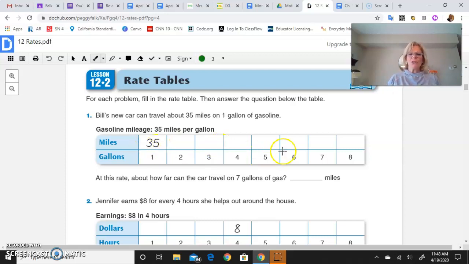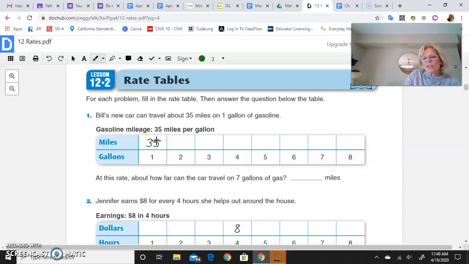Now, if you turn this table kind of on its side so it's up and down, there basically you have an in-out table. So it's very similar. So here's an example. We're going to do a couple of these together, and then I'm going to have you finish this as an assignment for tomorrow. Okay, so for each problem, fill in the rate table, then answer the question below the table.